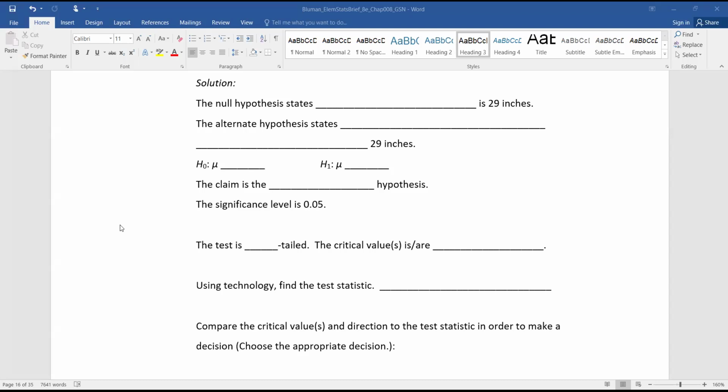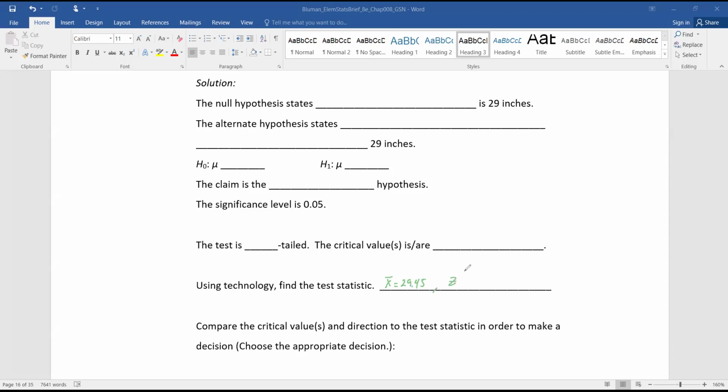So let's switch back over. I wish I could get all that work back. Oh, well, I'll just go back from here. So again, we used technology and we determined that our sample mean was 29.45. And then we have the rest of the stuff. So to answer the rest of it, we can now find the z-score.